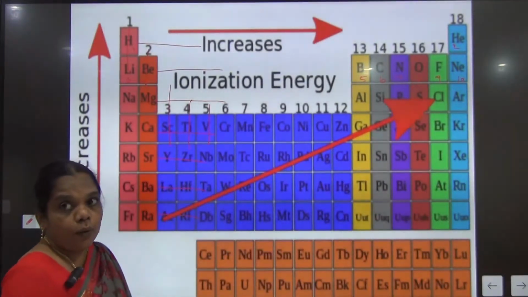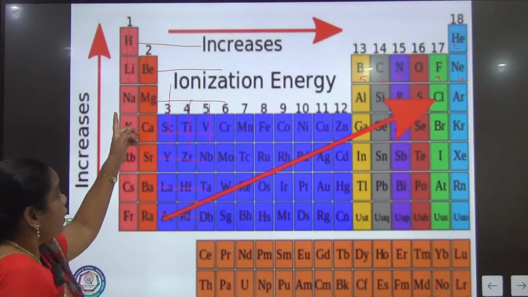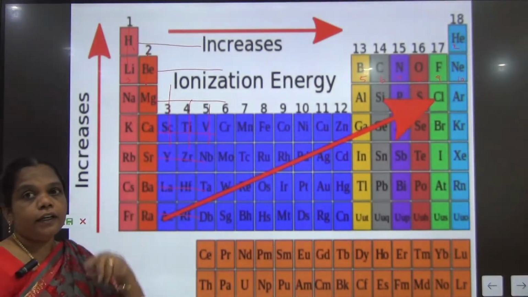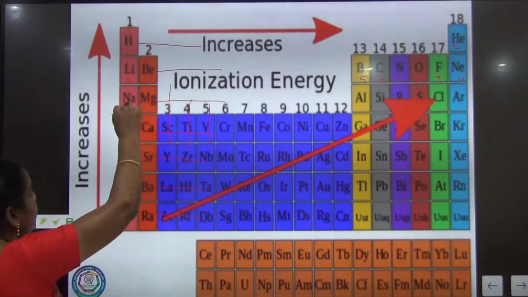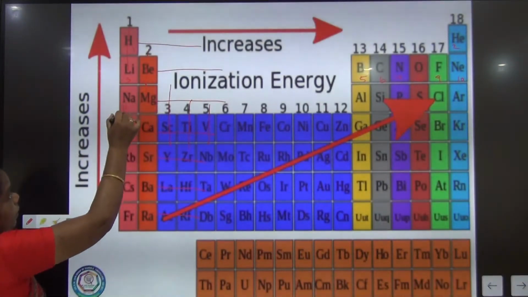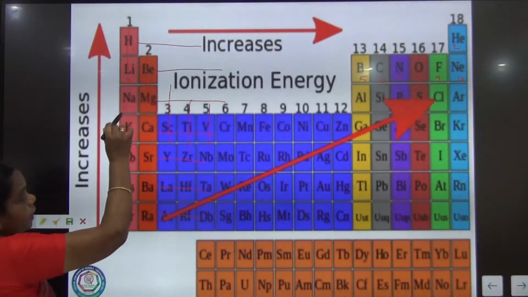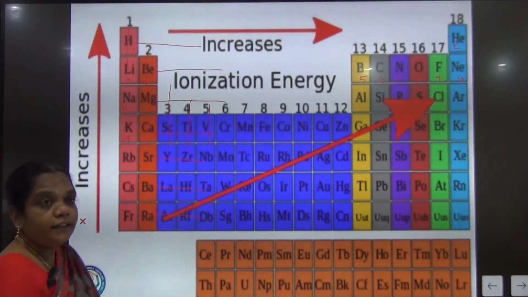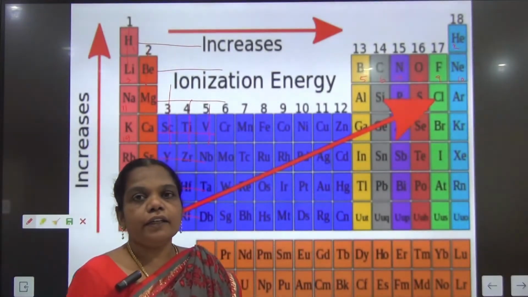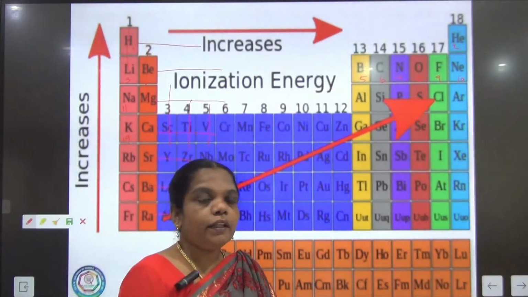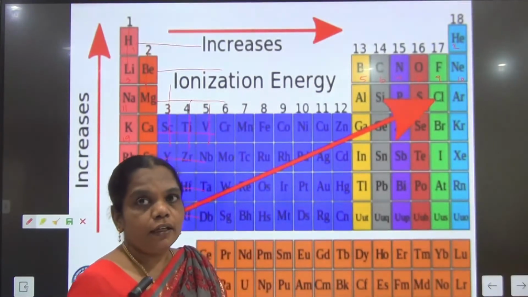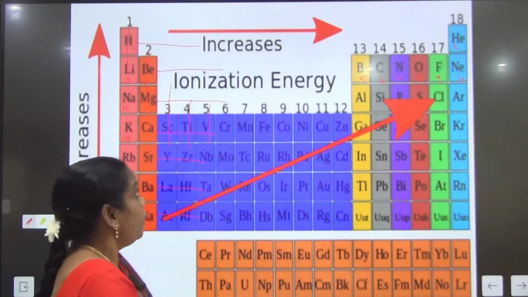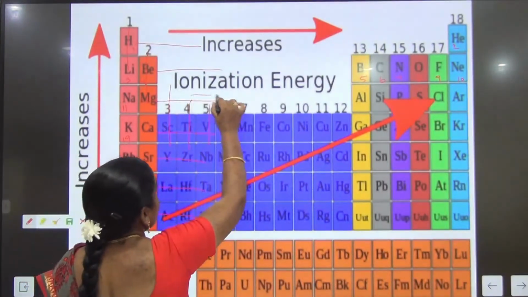If you compare the atomic number along the period, it is increasing, and down the group, hydrogen, lithium, sodium 11 and potassium 19, like that, it is also increasing. But there is a variation in the ionization energy. While comparing the ionization energy along the period, the ionization energy is increasing.